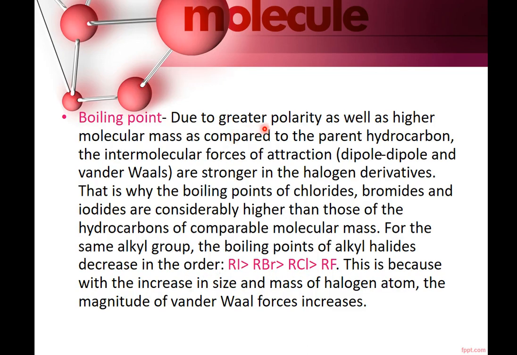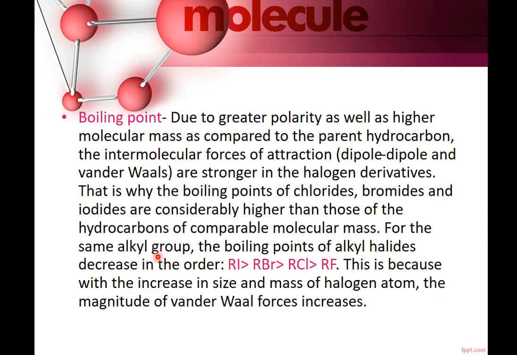Boiling point. Due to the greater polarity as well as higher molecular mass as compared to the parent hydrocarbon, intermolecular forces are stronger. That's why boiling points of chlorides, bromides and iodides are considerably higher than those of hydrocarbons of comparable molecular masses.